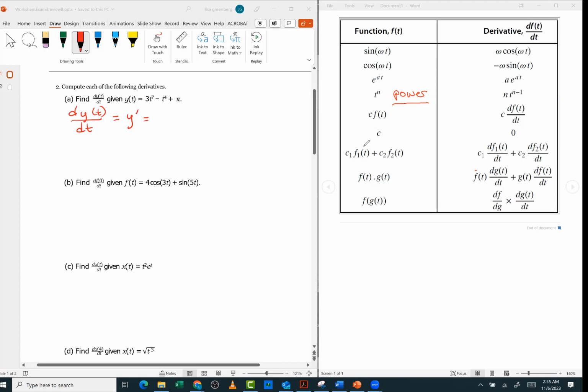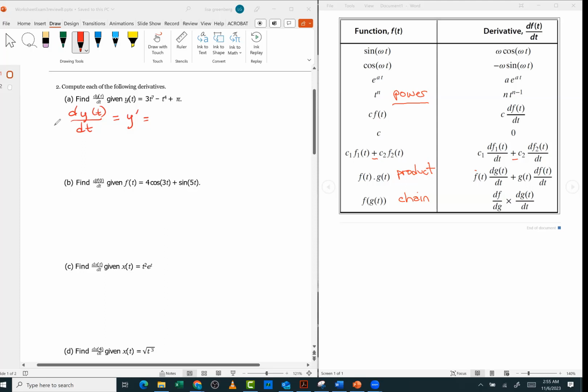When you have things added or subtracted, this should really say plus or minus, you can separate them into two separate derivatives and then put them back together. That's not true for the product rule, a function times a function. And this is chain rule. We will not be going over this in this class.